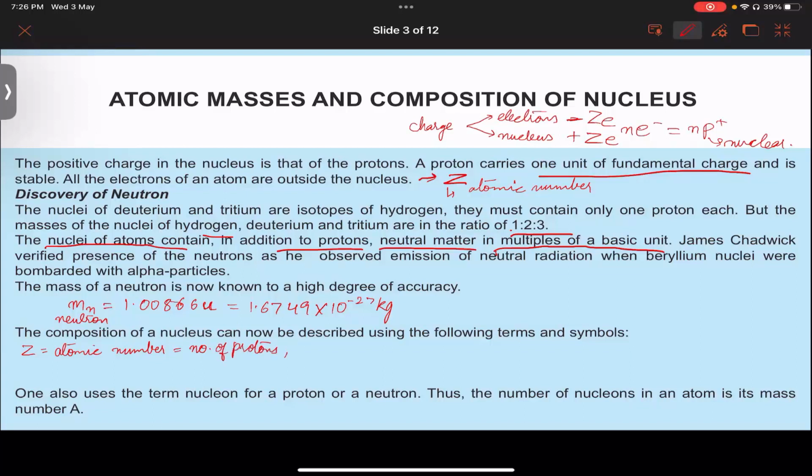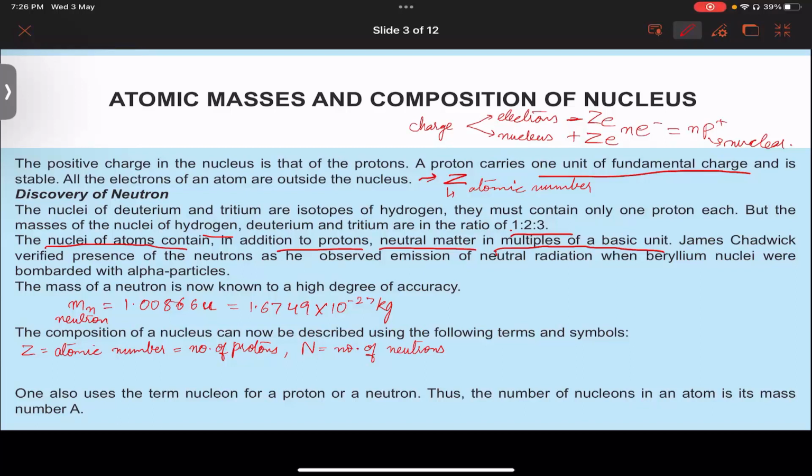Then you have N, which is also called the neutron number, which is the number of neutrons.